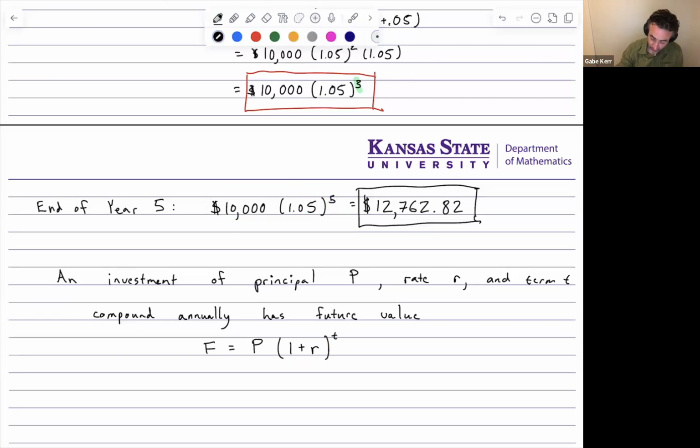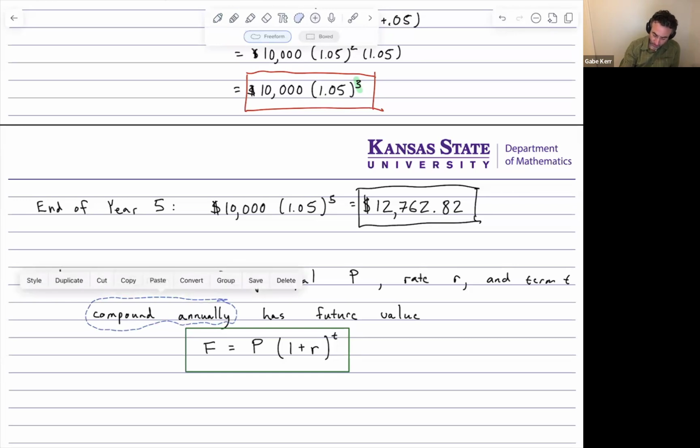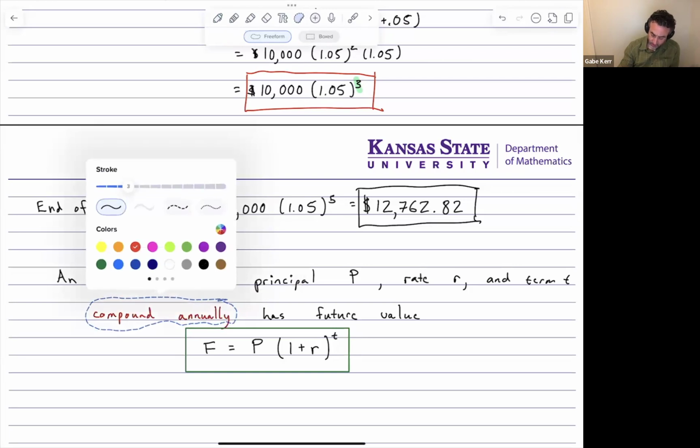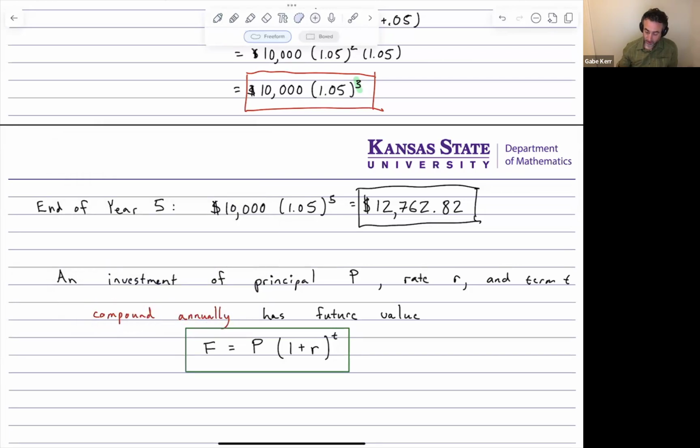So this is a good formula to put into some notes that you might use on an exam. But if you do this, please make sure that you have two words clear.